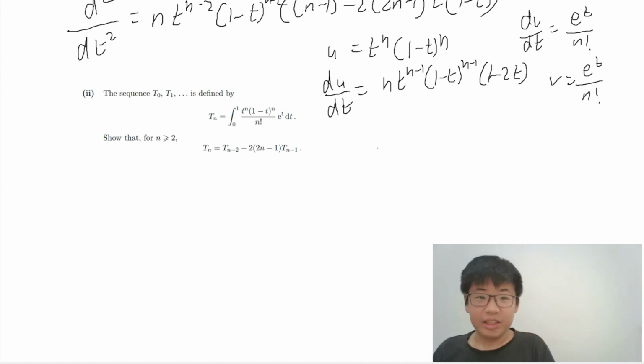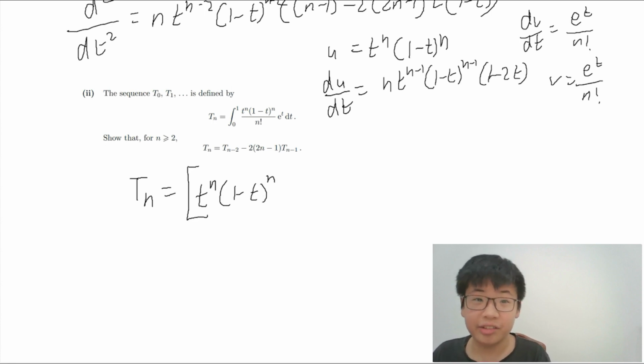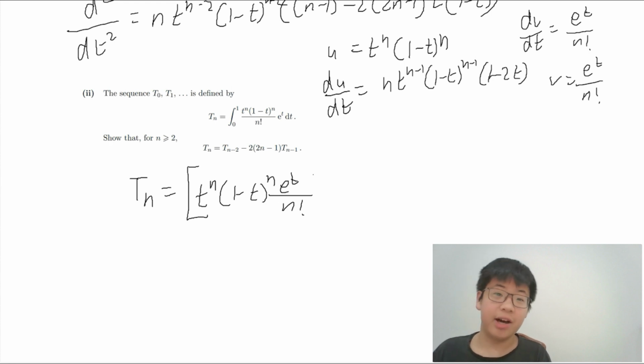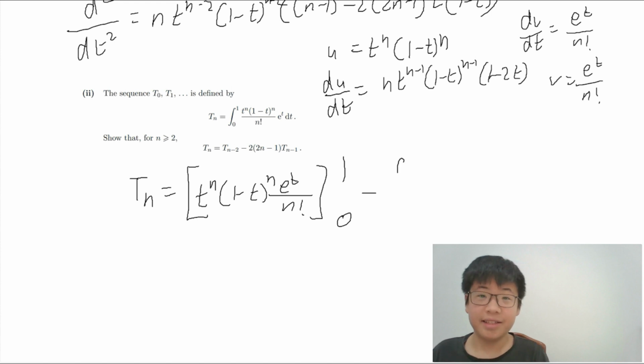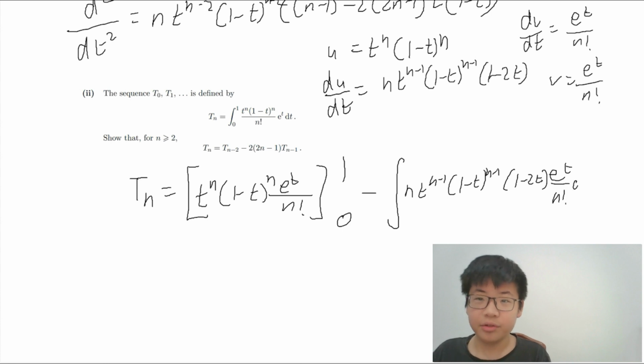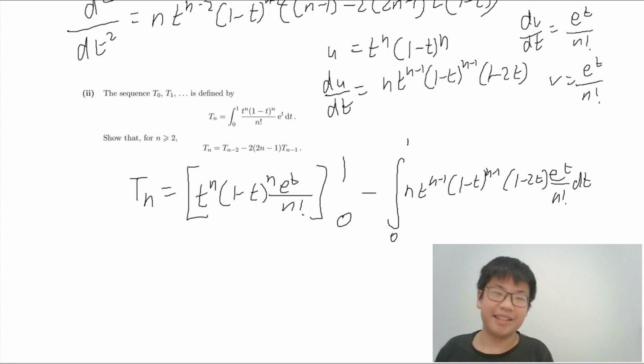Get it? Okay, now you have to find uv. So tn equals, in integration by parts, you also have to take into account the limits, which are this 1, 0, minus the integral of n t^(n minus 1), 1 minus t^(n minus 1), 1 minus 2t, e^t over n factorial dt. I do a lot of these reduction formulas, so I'm quite competent at this.